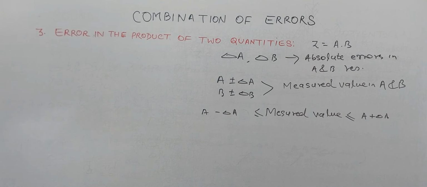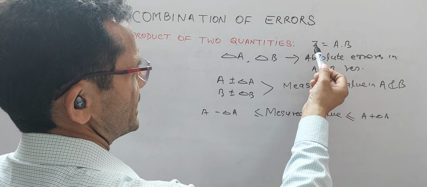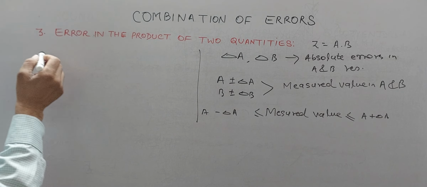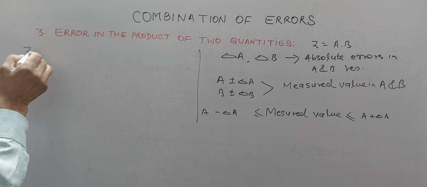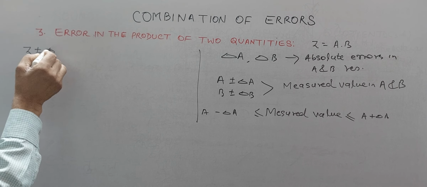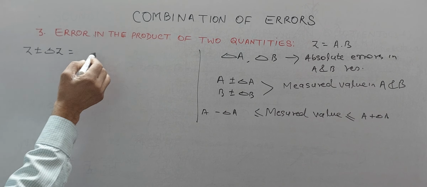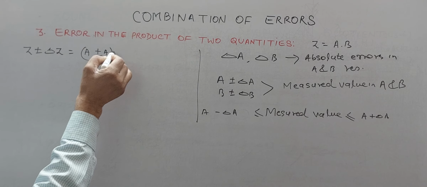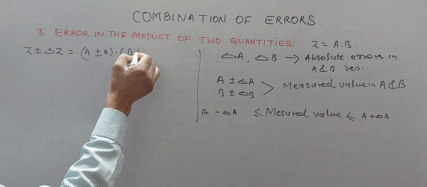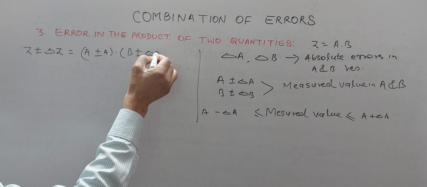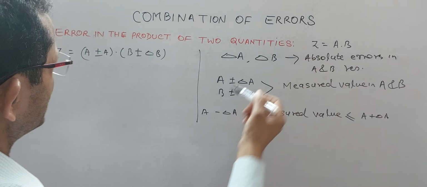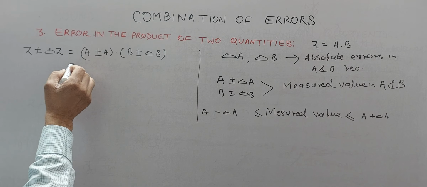Now we need to calculate the error in Z. So let us start. Here we can write Z plus minus delta Z is equal to A plus minus delta A multiplied by B plus minus delta B. If you simplify it, using Z equal to AB, just multiply it.